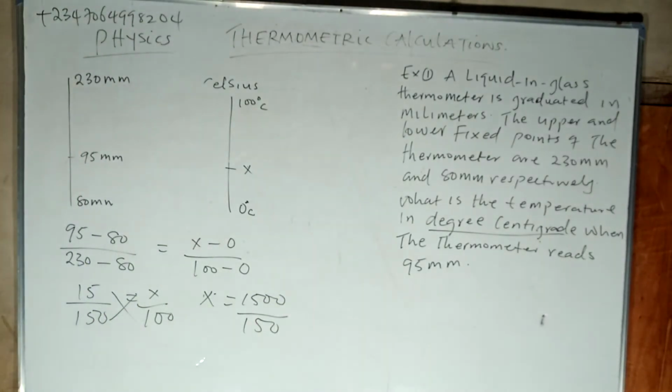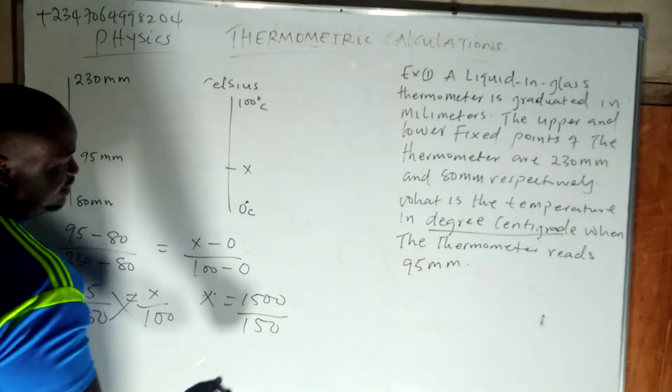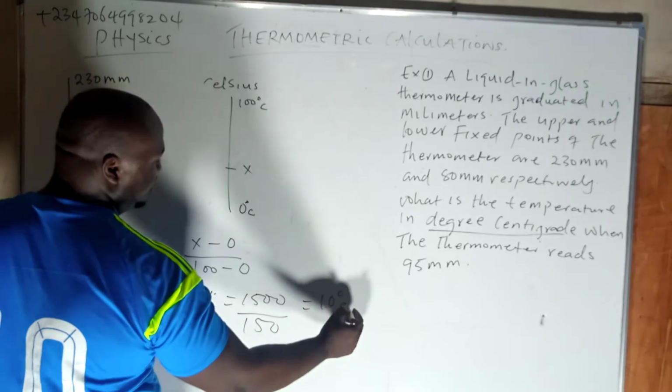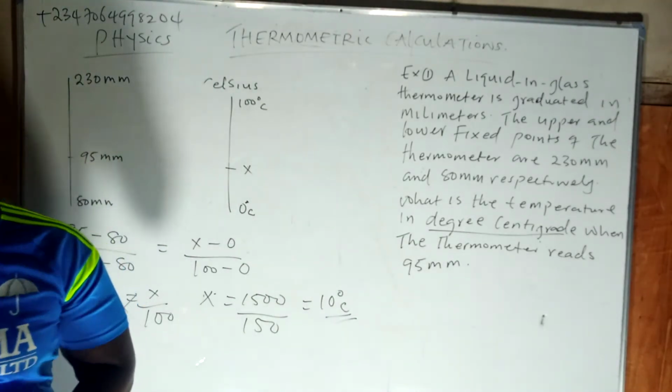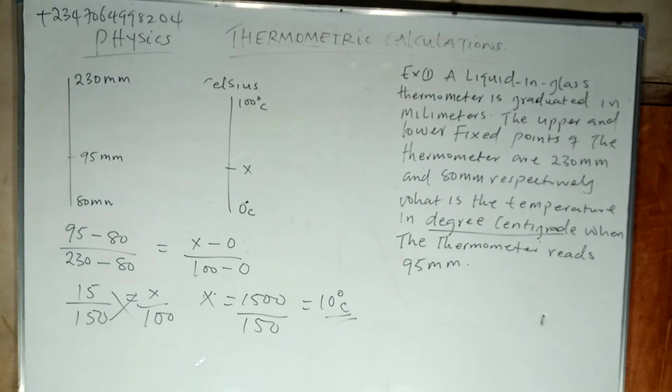If you punch it in your calculator, you should simply get an answer of 10 degrees centigrade. That is the answer. This is so easy. Remember, I said the first thing you will do is write out the lowest and the upper fixed point, then compare it to either degree centigrade or Fahrenheit scale or Kelvin scale.